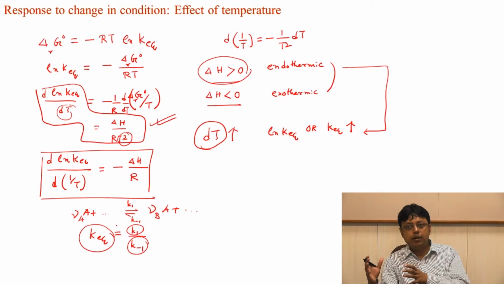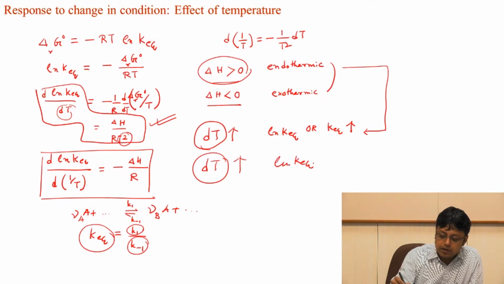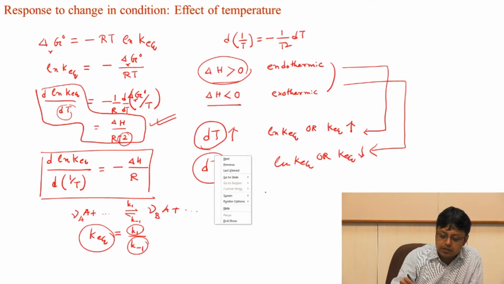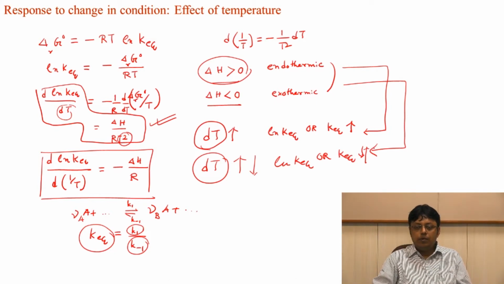You are shifting the equilibrium in a positive way. Exactly the opposite will happen for an exothermic reaction: if I increase the temperature, ln K equilibrium, or equivalently the equilibrium constant, decreases. If I reduce the temperature for an exothermic reaction, I could increase the equilibrium constant, or the product ratio.